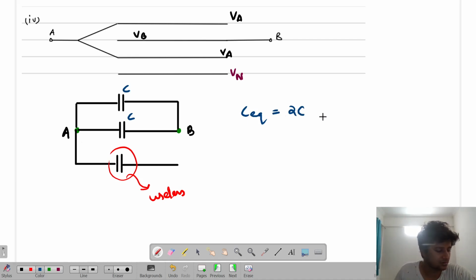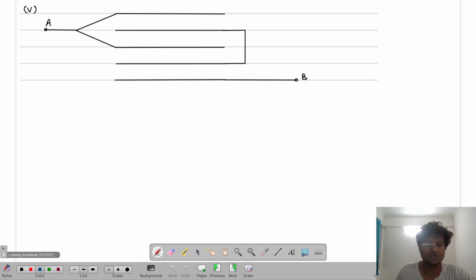They're in parallel. So this is equal to how much? 2C. That means twice epsilon naught A by d. Got it or not? Okay, can we move to next? Last.